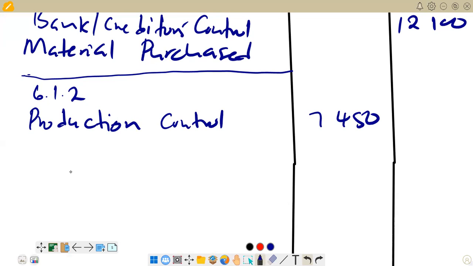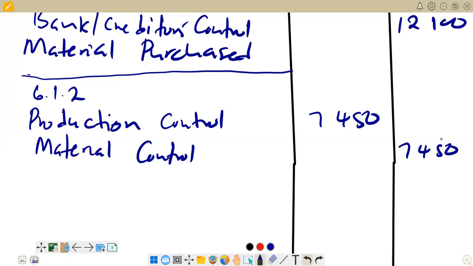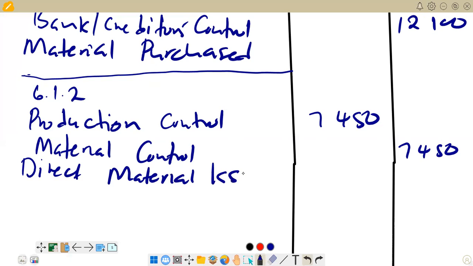And then we credit the material control, the same amount, 7,450. And then after making this summary of this double entry, we have to make a narration there of what is transferred. And we know that this is direct material issued. And remember, this is a journal entry, so it has to be closed.